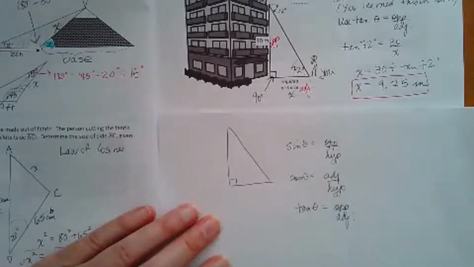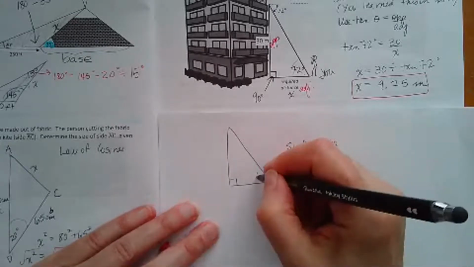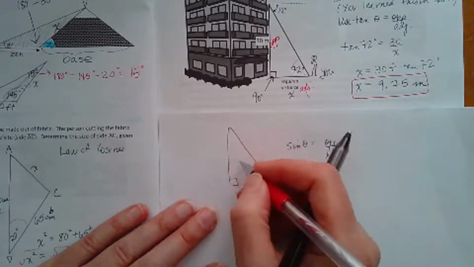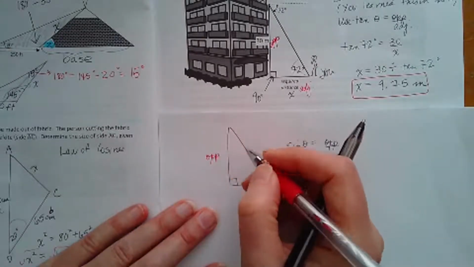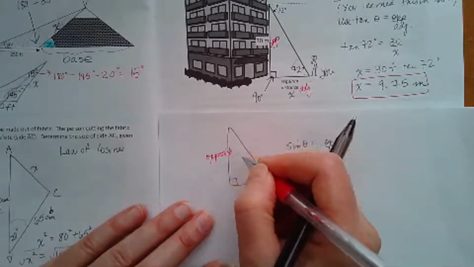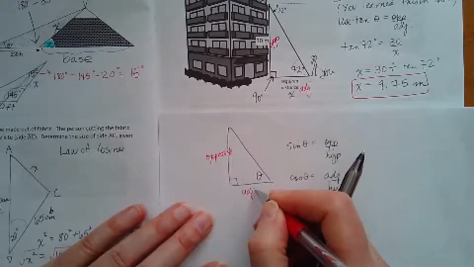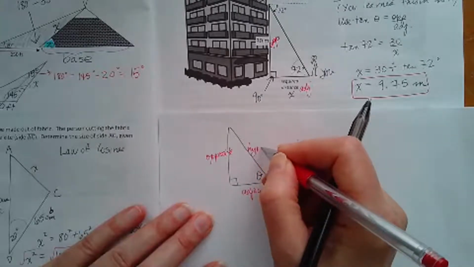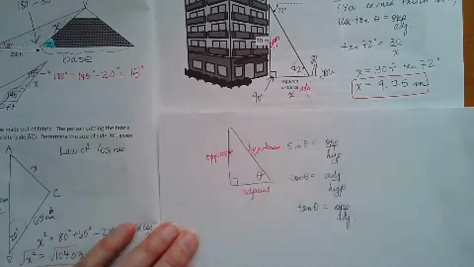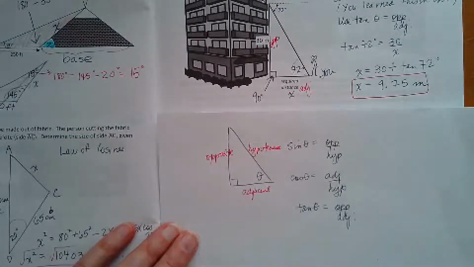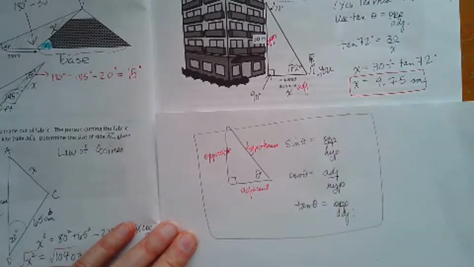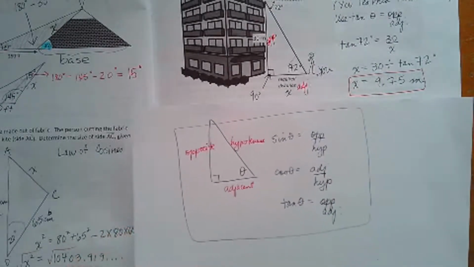So wherever your angle was, if that was the angle you were given to use, this would be called the opposite side to the angle. This would be the adjacent side. The adjacent means right beside. And the side across from the box is always called the hypotenuse. So this was covered in a previous math course. If you don't remember that, maybe tomorrow during work class, you can ask me and I can scare up some old right angle trig stuff for you.